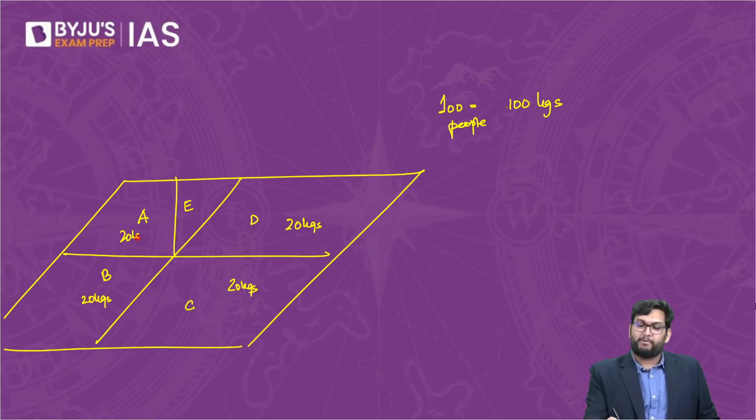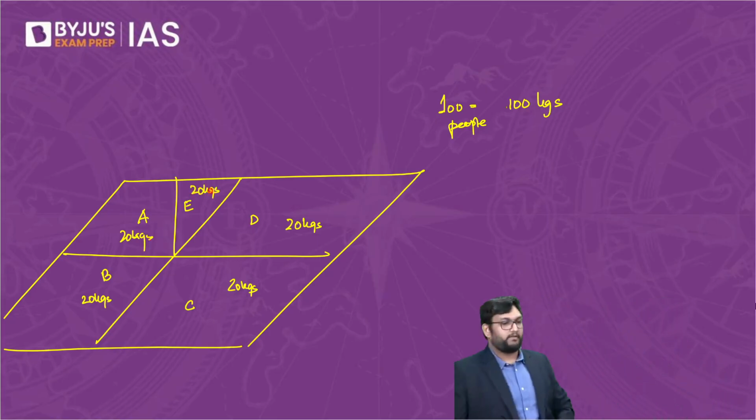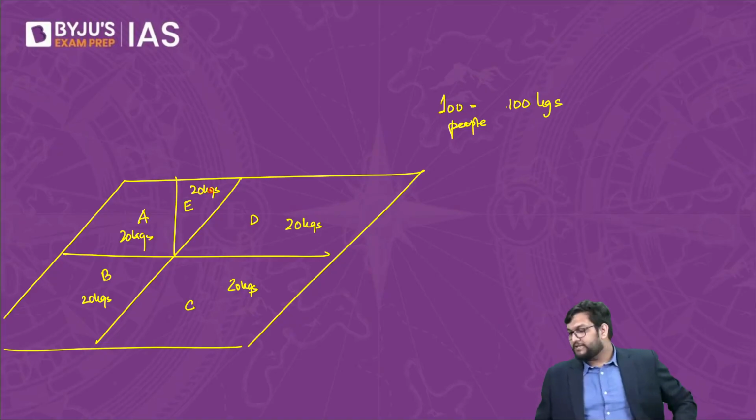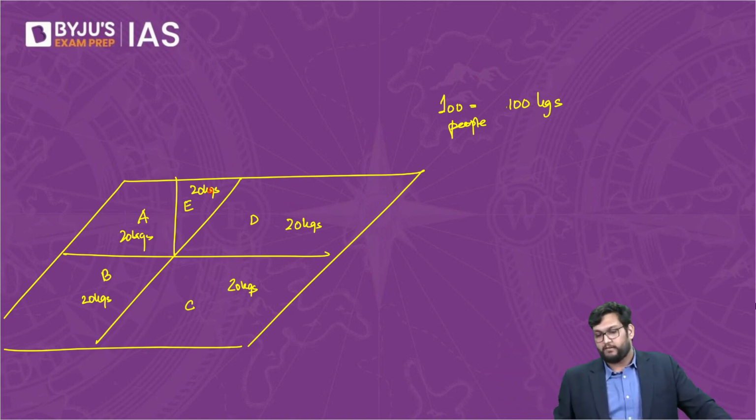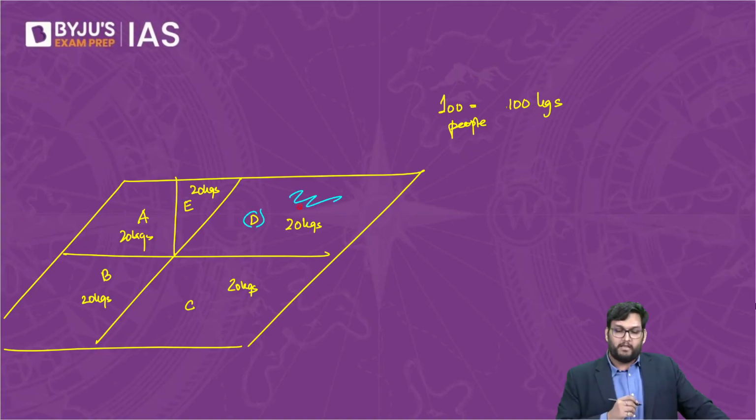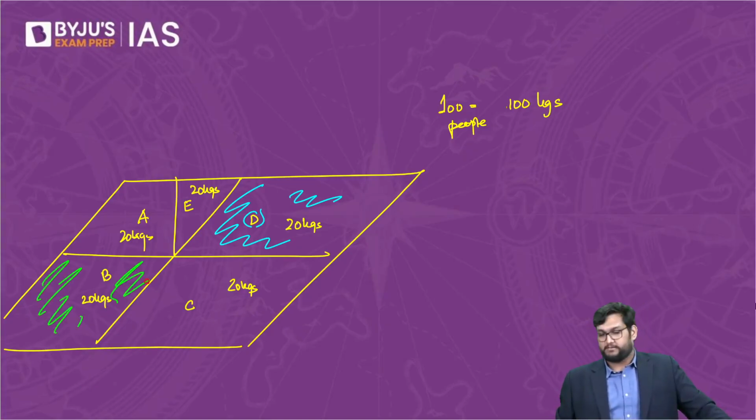What is this type of agriculture called? This is called subsistence agriculture, where you produce equal to how much you need. But what happens is that by mistake, D adds more water to his plants and B adds more manure to his areas.